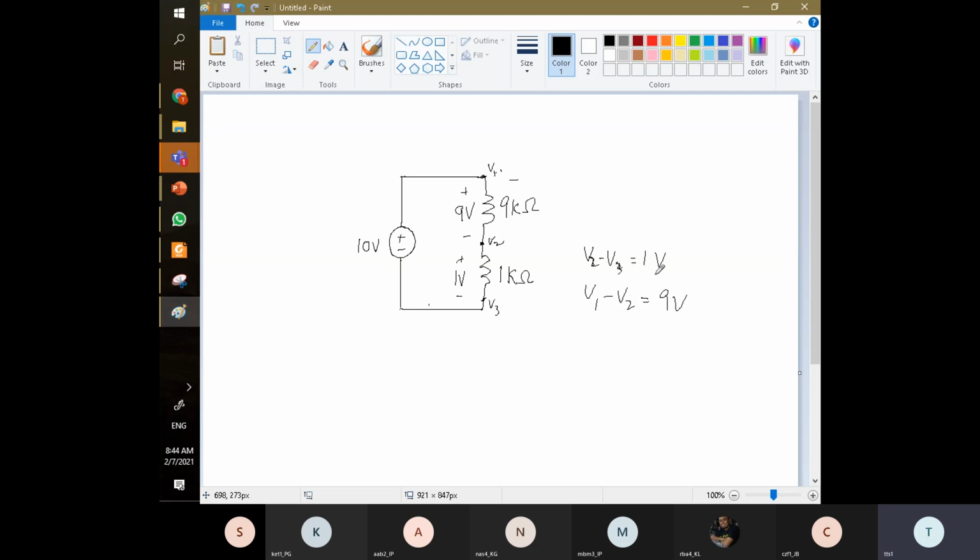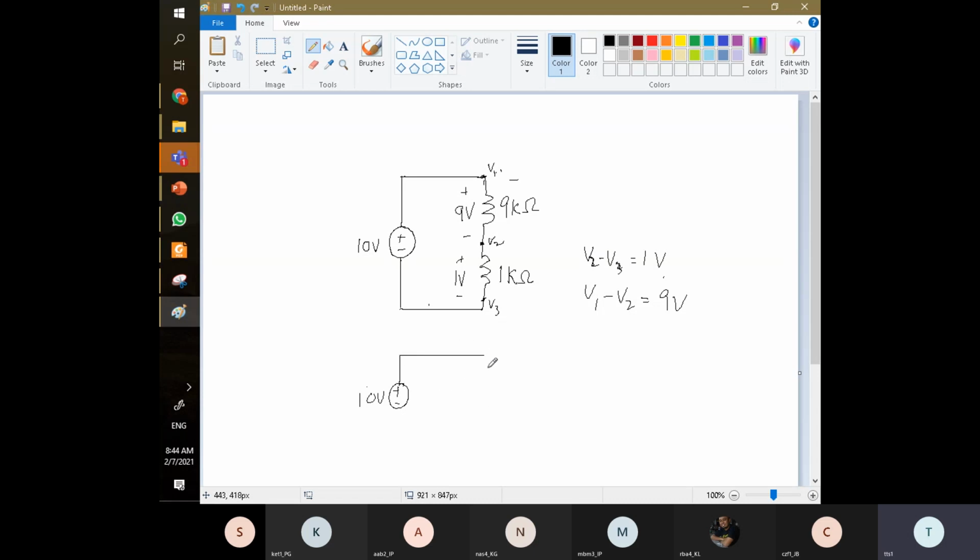V2 minus V3, you get 1 volt. Okay, this is a voltage divider. So we treat these two resistors as able to divide the voltage. Sometimes in the real world, we use this to get the partial voltage.